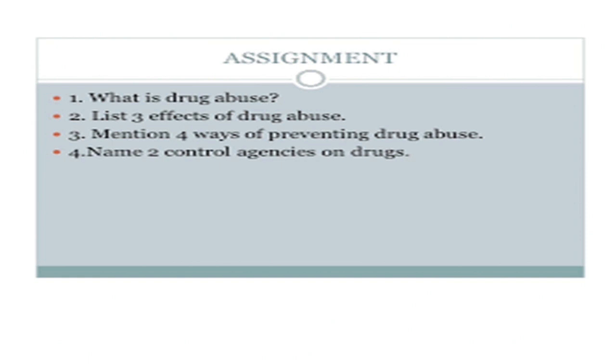Number 1, define drug. What is drug abuse? Number 2, list 3 effects of drug abuse. Number 3, mention 4 ways of preventing drug abuse. And lastly, number 4, name 2 control agencies on drugs. So that's your assignment in this lesson.